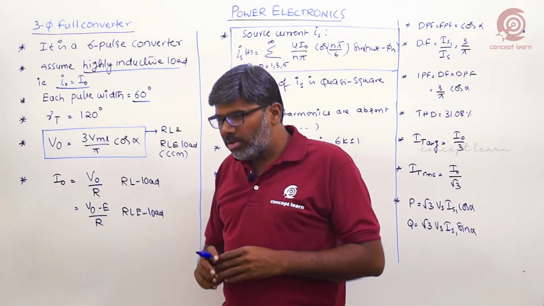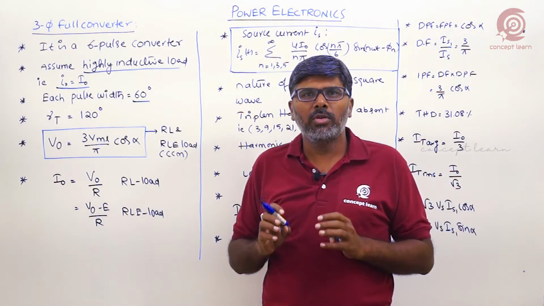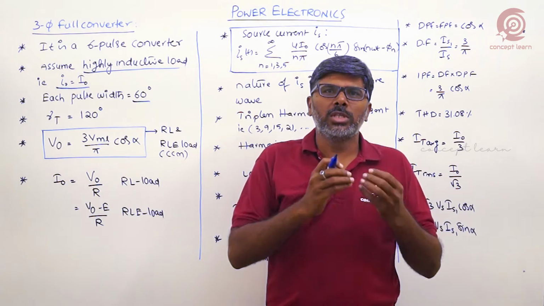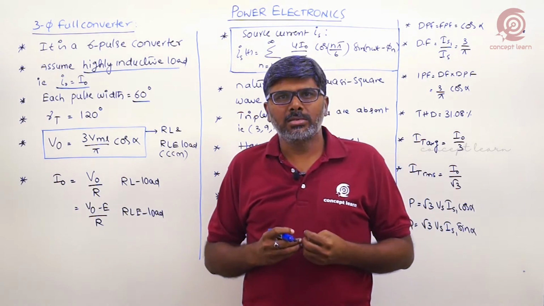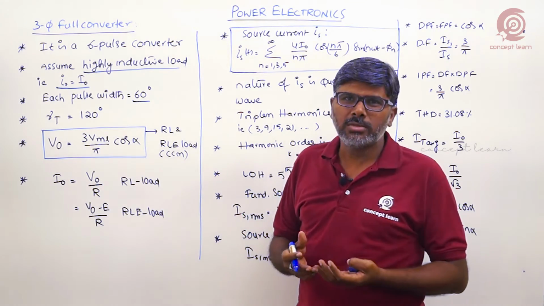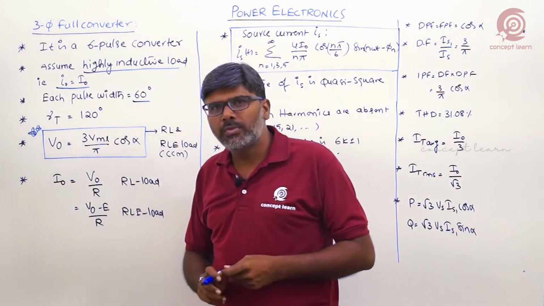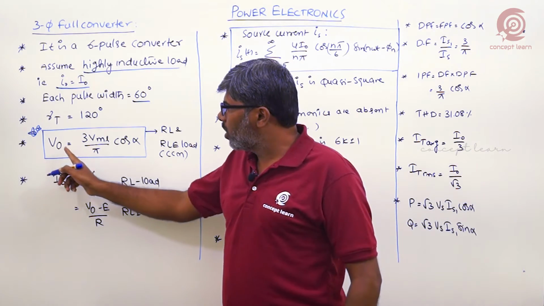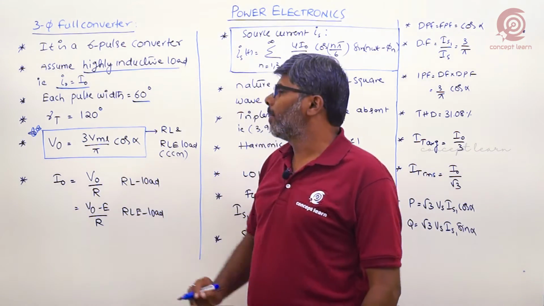Now coming to the average output voltage, once you get the periodical output waveform from the converter when you give the three-phase input, do the mathematical analysis for this particular loading condition. So what is the average output voltage? Very important in the examination. The average output voltage of the three-phase full converter, V0, is 3 VML by pi cos alpha.